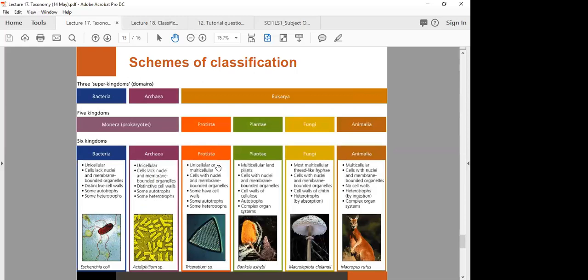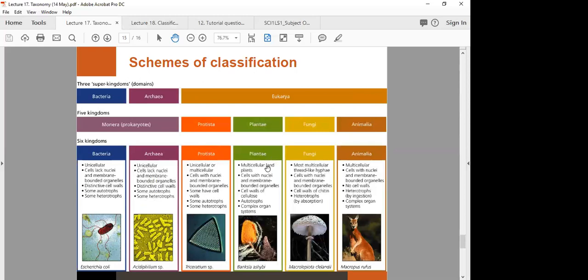There are unicellular protists and very large multicellular protists, so a real mixture in this kingdom. They are eukaryotes, so their cells contain membrane-enclosed nuclei, and many of them also have membrane-bound organelles. Some of them have cell walls. There are some autotrophs and some heterotrophs in this kingdom.